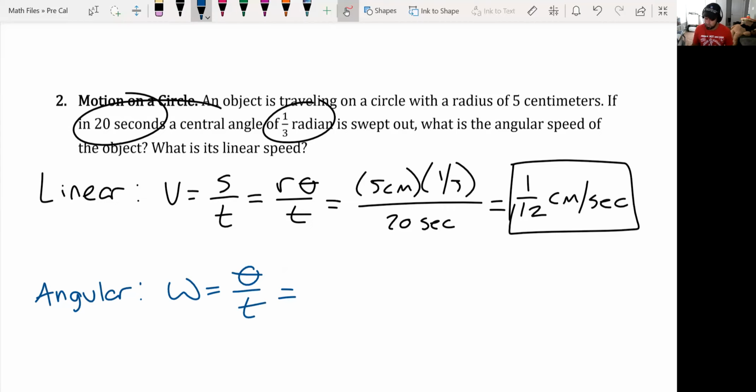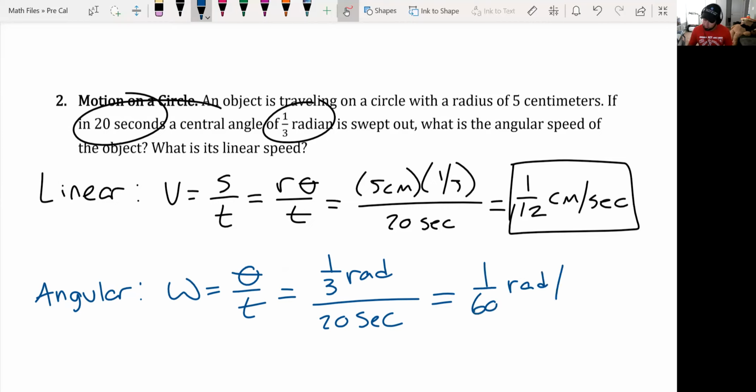They give us theta. Theta is 1/3 radians. They give us time, 20 seconds. Do 1/3 divided by 20, and you'll get 1/60th radians per second.